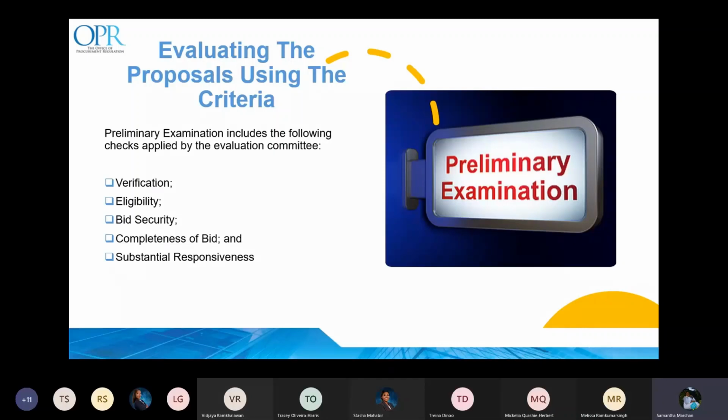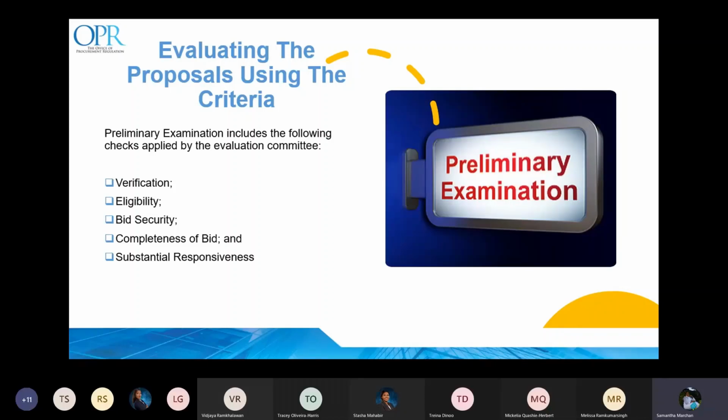Now, a determination must be made on substantial responsiveness of the bid during the preliminary evaluation stage. A substantially responsive bid is one that conforms to the terms and conditions and specifications of the bidding documents without material deviations.